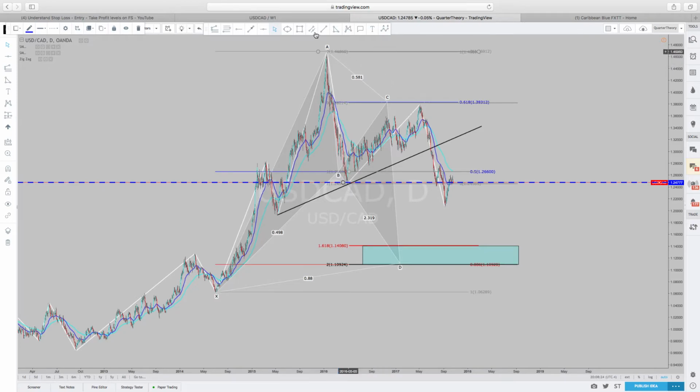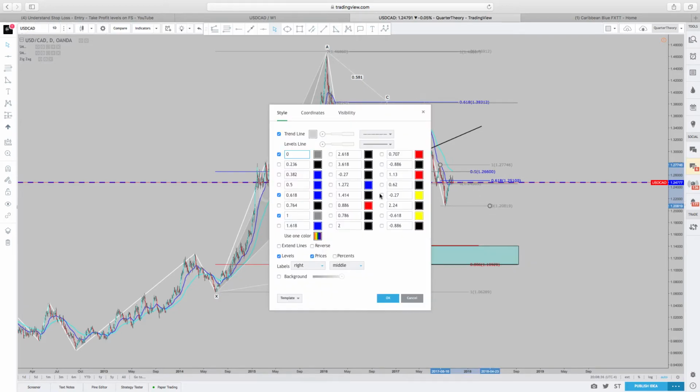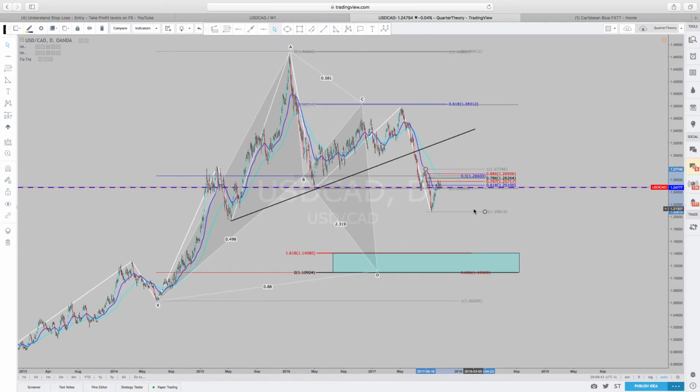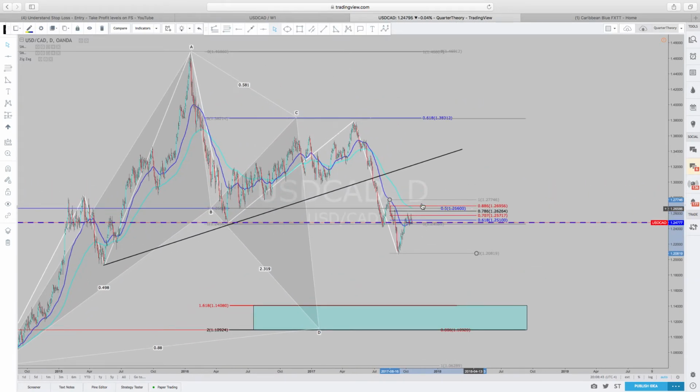And where it may return, we can always just use our Fibonacci's to see where price could be. Right now, it is above the 61.8, you know, 88.6, 78.6 is very definite as far as areas in which it could reverse.